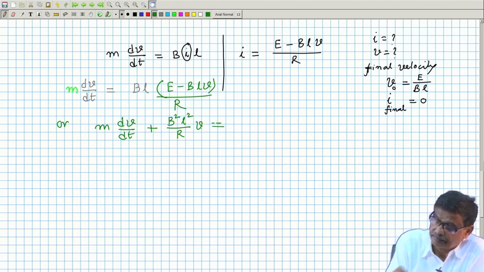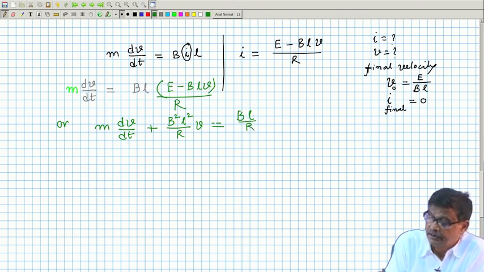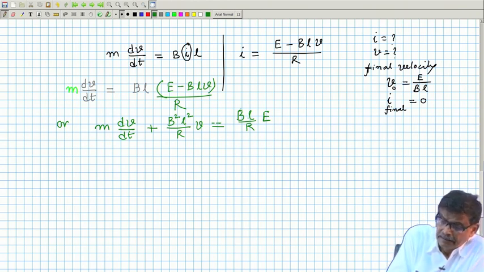This is the thing, and on the right hand side it will be B L by R into E. This will be the equation. Then you divide by m both the sides, so that it will look like this.